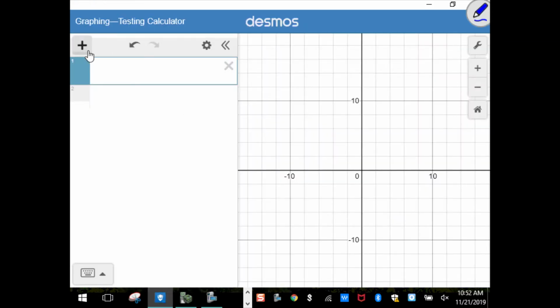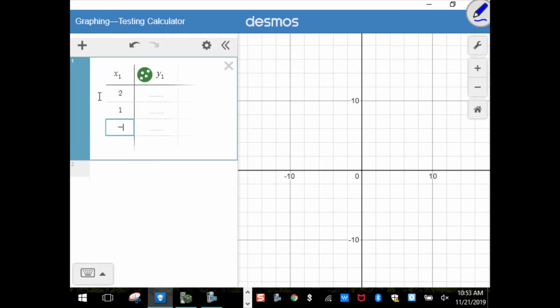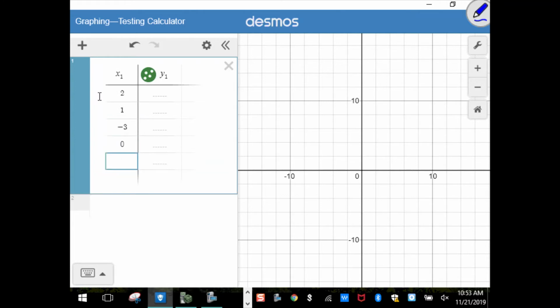So if you go to Desmos, the way that you create a chart is you hit the plus in the table. This is the same thing as the stat edit step in your graphing calculator. So this is like list 1 and list 2. You're going to enter your x's, so 2, 1, negative 3, 0, negative 1, 3, and negative 2.